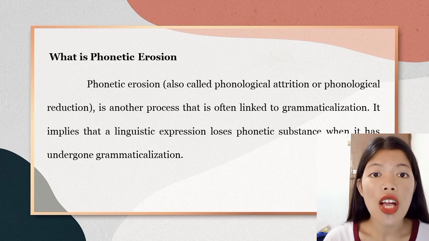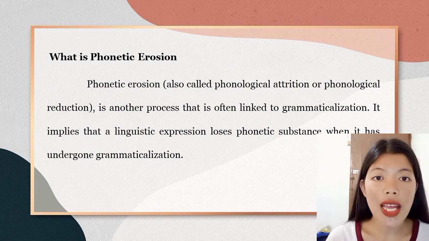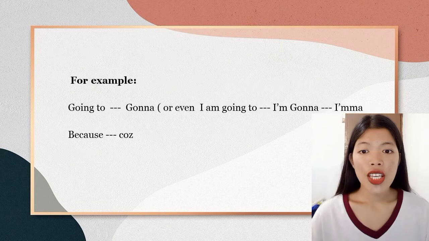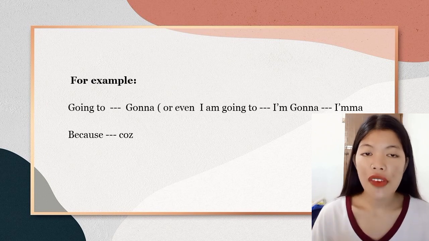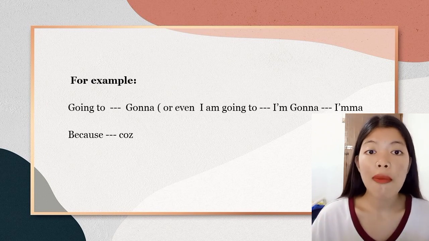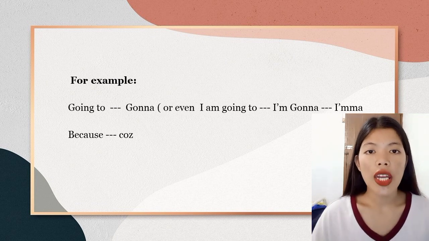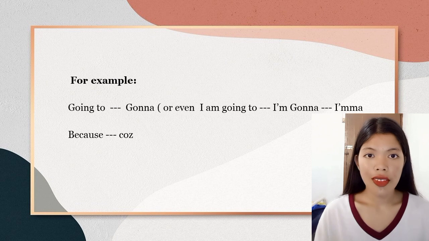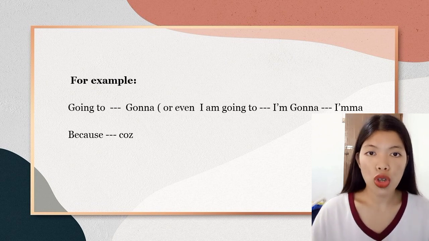So it means that one word might lose some phonemes. That is phonetic erosion. For example, going to became gonna, or even I am going to became I'm gonna, and I'm gonna became I'm a. Another example, because turns to cause. So that is phonetic erosion.